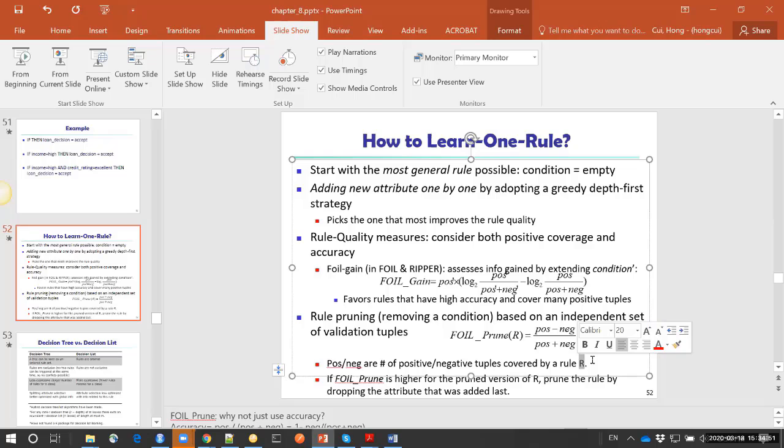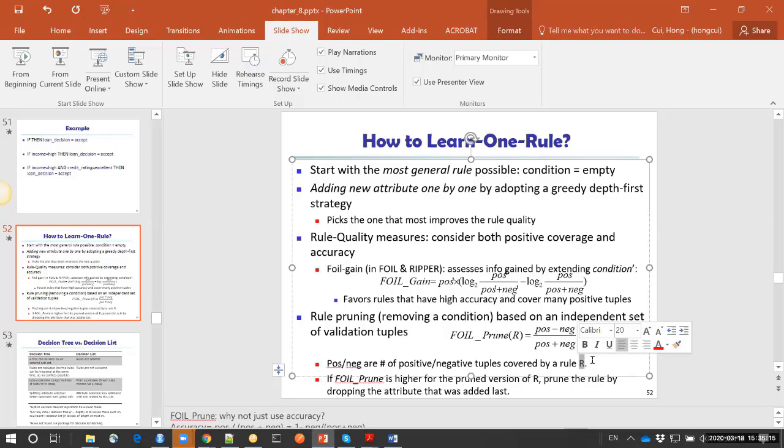Negative is when a rule covers something and predicts the wrong label. Yes, positive is the number of correctly classified tuples, and negative is the number of incorrectly classified tuples.